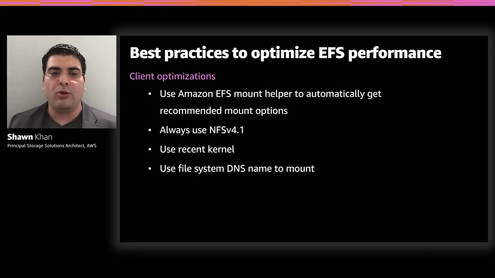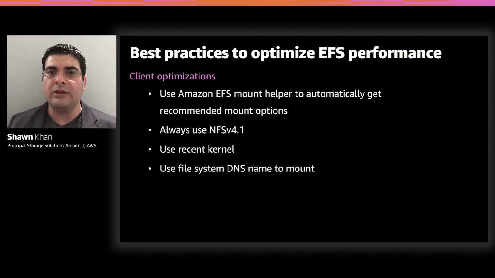And we recommend you always use NFS version 4.1 over 4.0, because the 4.1 clients are more stable and more performant than 4.0. And again, use the most recent kernel, because recent kernels have several NFS client improvements.